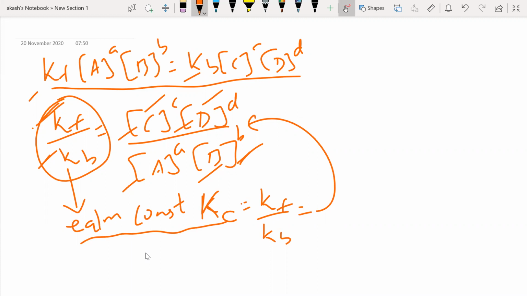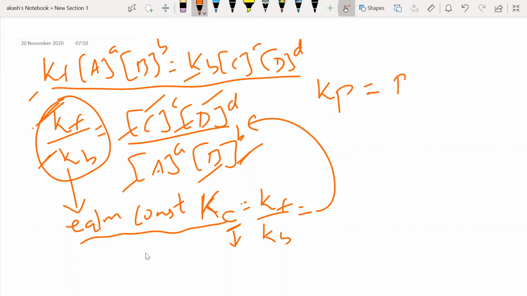Now, what is the c? The c is in terms of concentration, since you're using concentration here. Now, I can even have Kp, that is in terms of partial pressure. Say for the same reaction, aA plus bB giving cC plus dD, if I want to write in terms of partial pressures, the same thing I can do. So this Kp will be equal to, first the product should come. You can see, this is product by reactant.